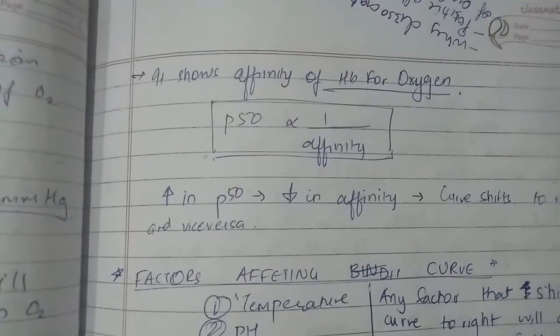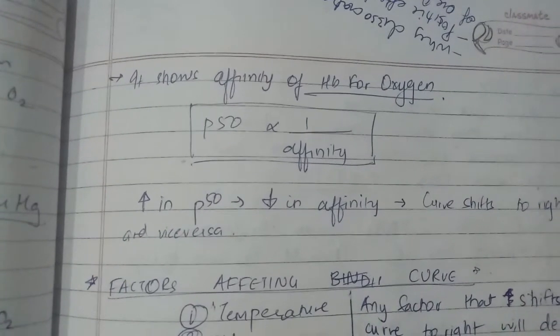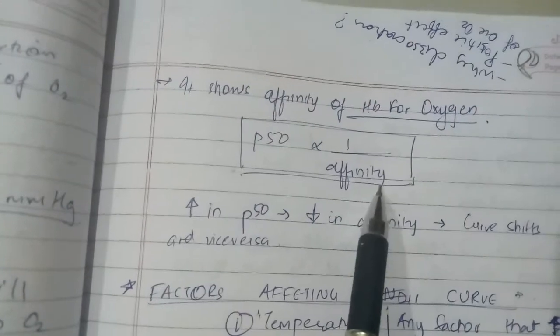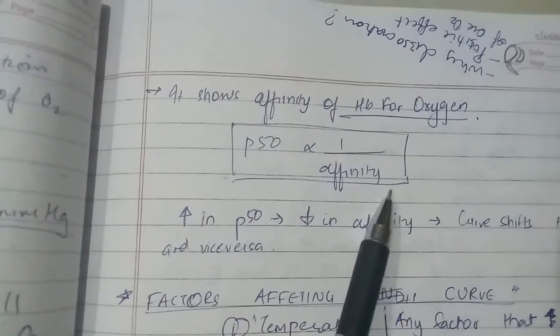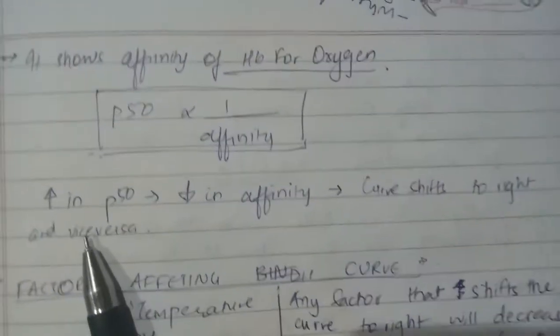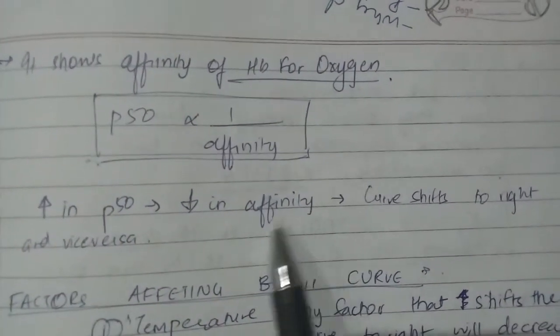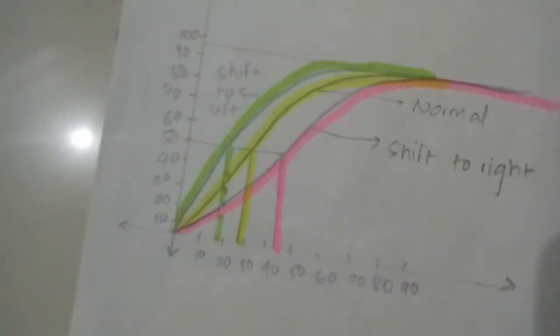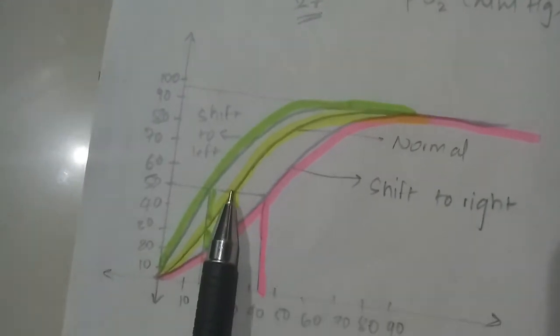Okay, so now what is the importance of P50? P50 shows the affinity of hemoglobin for oxygen, right? So P50 is inversely proportional to affinity. And one more thing is that if the P50 increases, you can tell that the affinity has decreased and the curve shifts to the right. You can see here that the curve has shifted to the right.